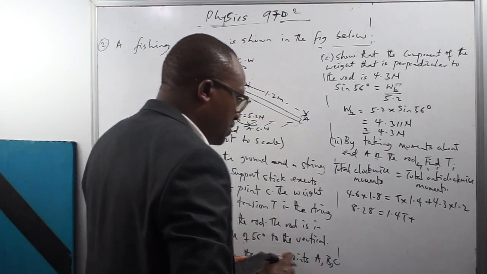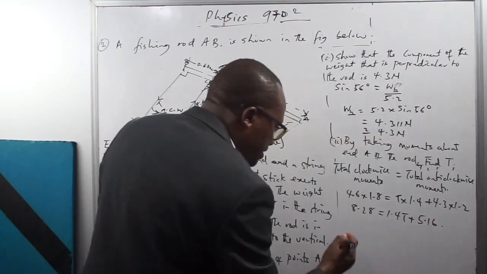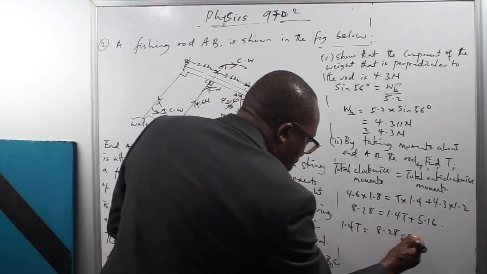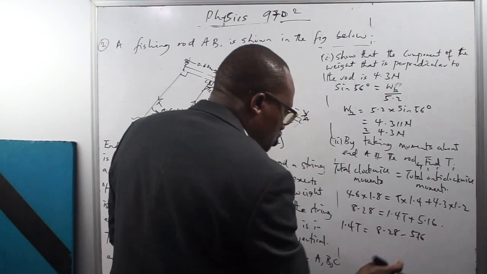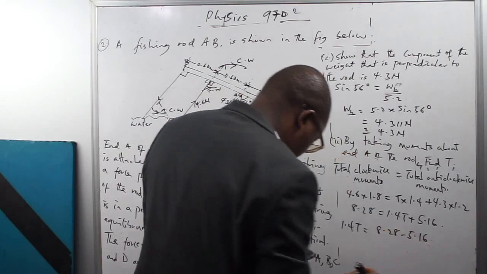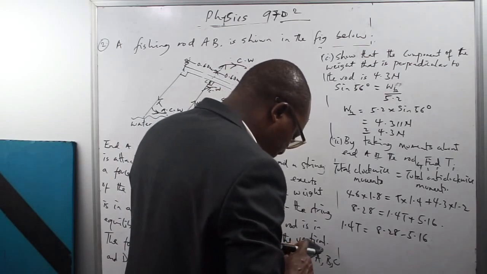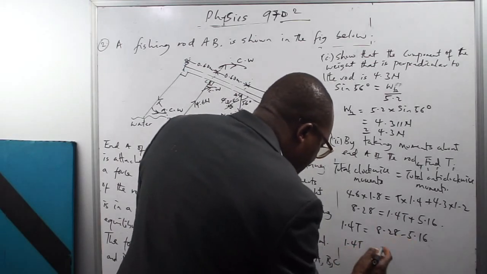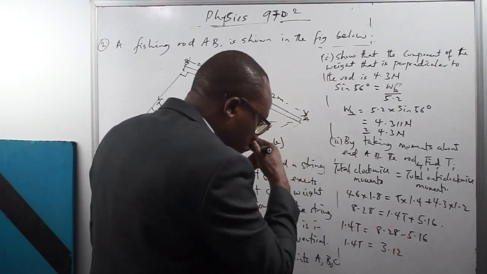If you do that, that will give you 5.16. So I can say that 1.40 T is equal to 8.28 minus 5.16. So I have 8.28 minus 5.16, which is going to give you 3.12.